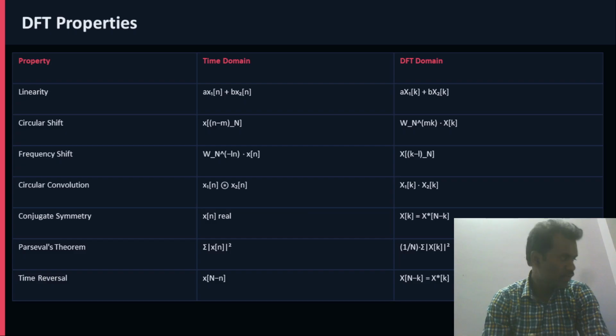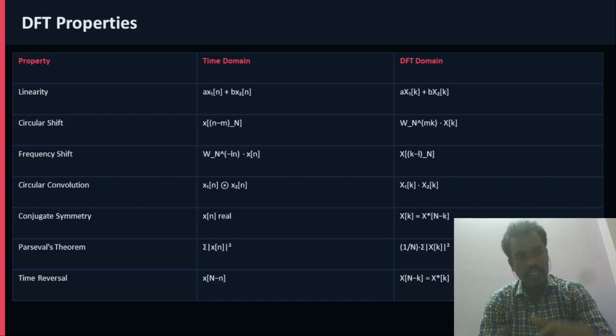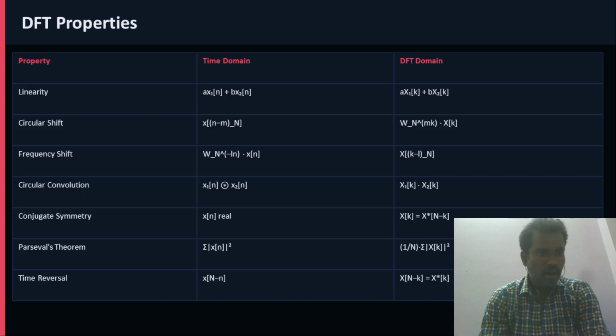This time shifting property is mentioned here as the circular shift property because the signals are periodic. The periodic signals can be represented in a circular manner. Because it is repeating again, if you traverse on a circle, the periodic signal will be repeated. So that's why it is called circular shift. And then frequency shifting and convolution.